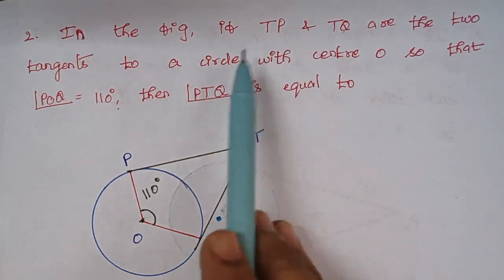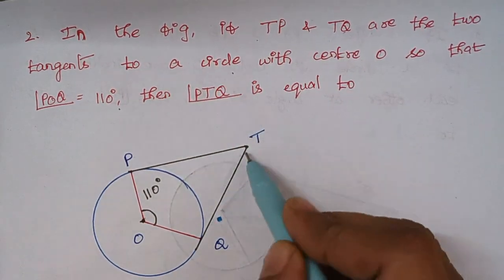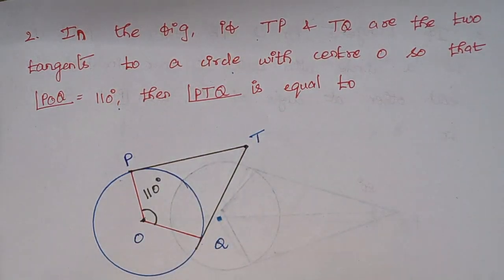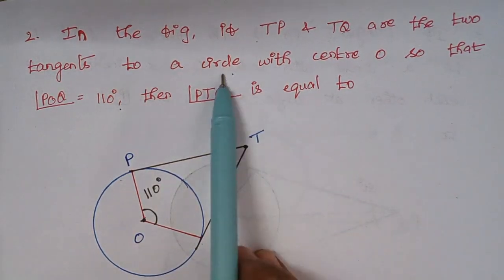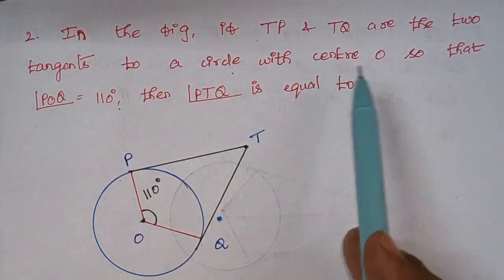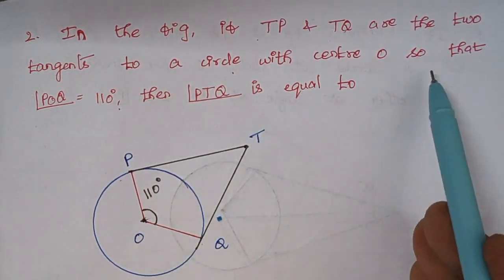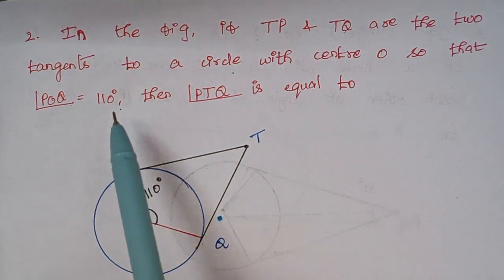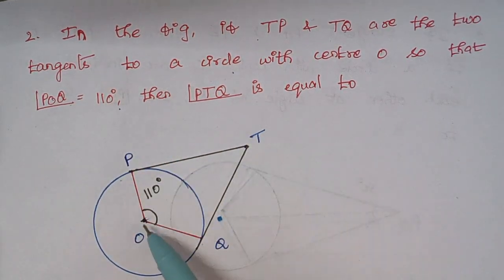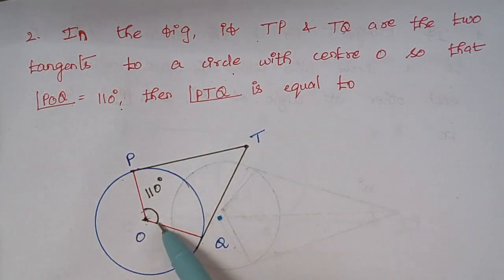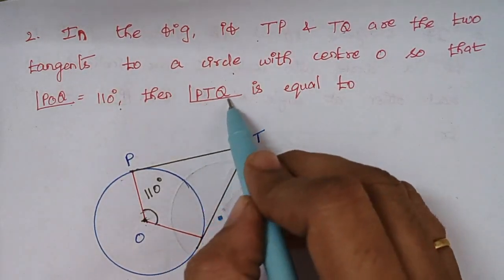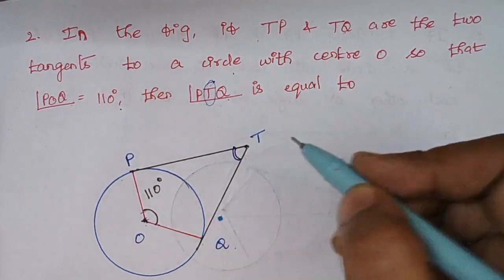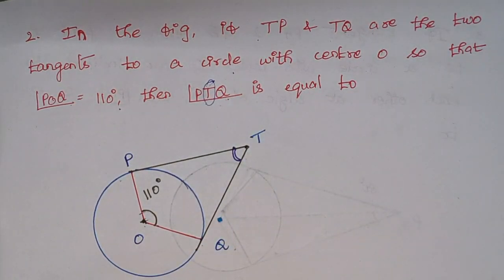These two are tangents to a circle from the point T. The center of the circle is O, and angle POQ is 110 degrees. We have to find the value of angle PTQ, that is, the angle at T.